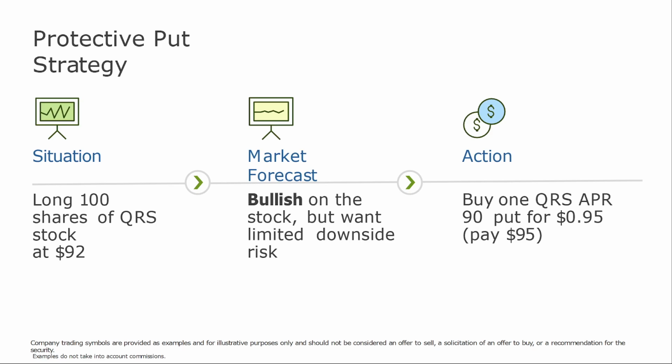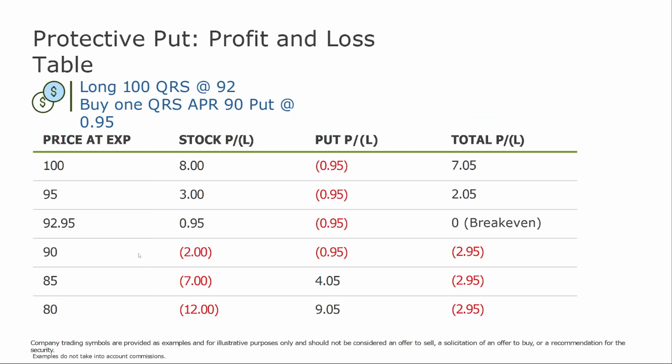We buy 100 shares of this stock at $92, and we want to have limited risk. We are going to buy one QRS April 90 put for $0.95, and we are going to pay $95. That is 0.95 per share, while at the same time we have 100 shares bought at $92.